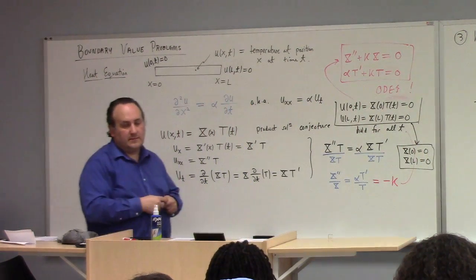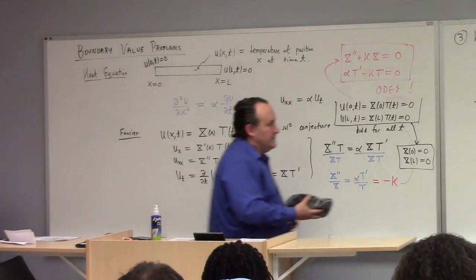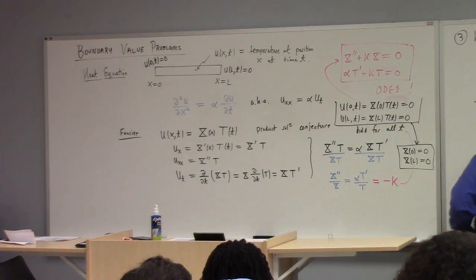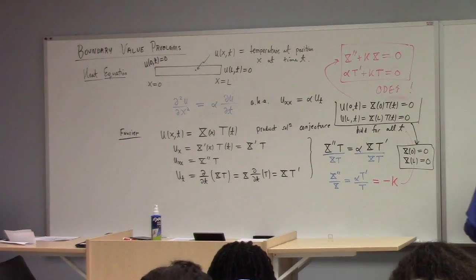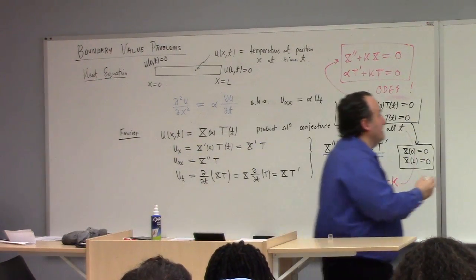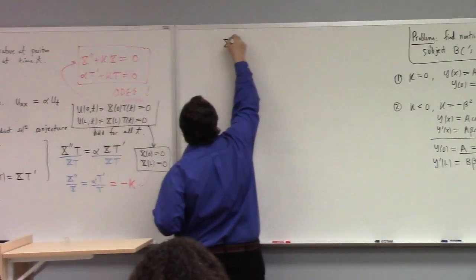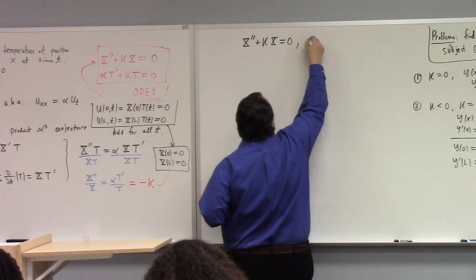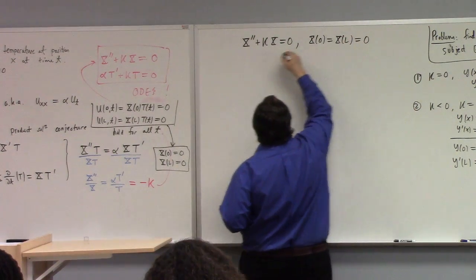Aha! So we know what the solution looks like then in the ice bath case. What's the solution look like? So we're up against X'' plus kX is equal to 0 with X of 0 equal to X of L equals 0.